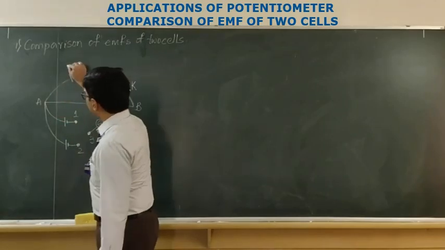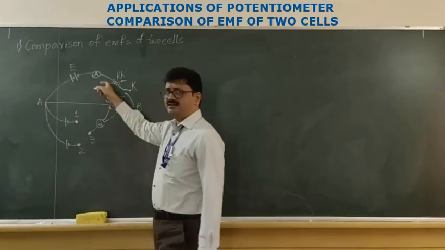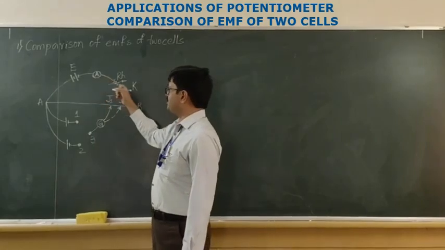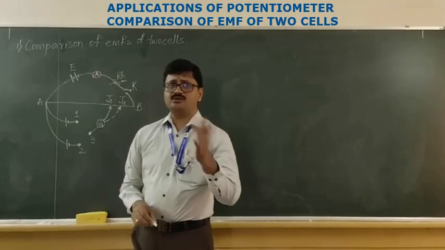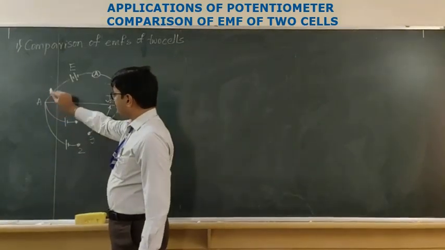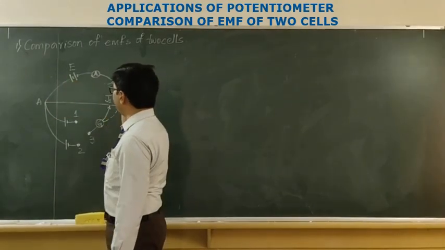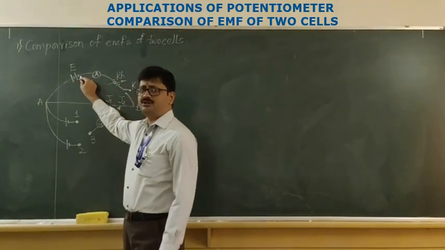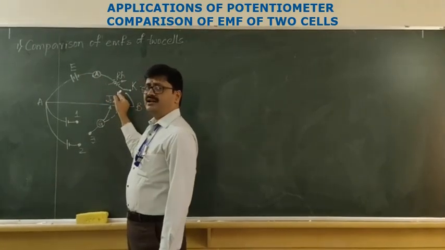The auxiliary circuit contains a strong battery of EMF capital E, then ammeter, rheostat and key. End A is connected to the positive terminal of the strong battery and end B is connected to the negative terminal of the strong battery through ammeter, rheostat and key.